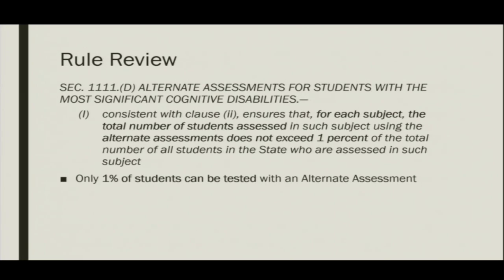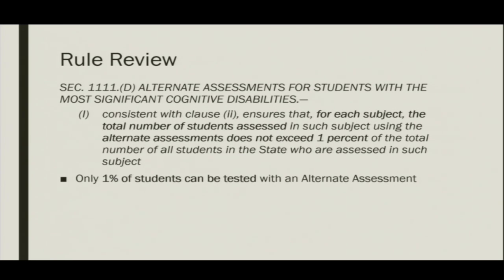So really quickly, we wanted to review the rule of where the new participation rate for alternate assessments has come in. ESSA has changed what we were supposed to do with that participation calculation.